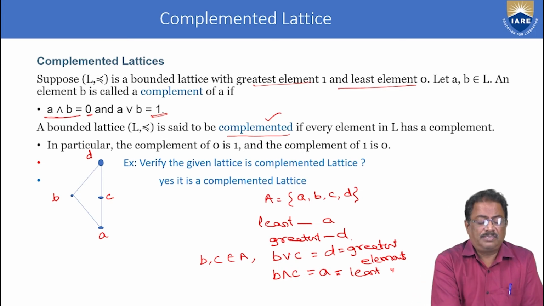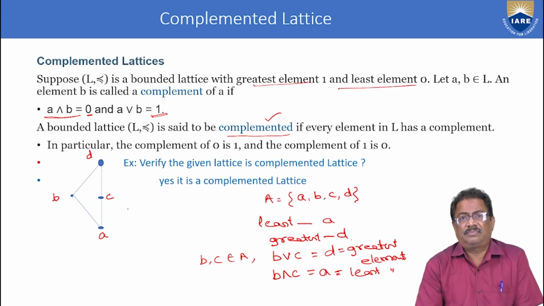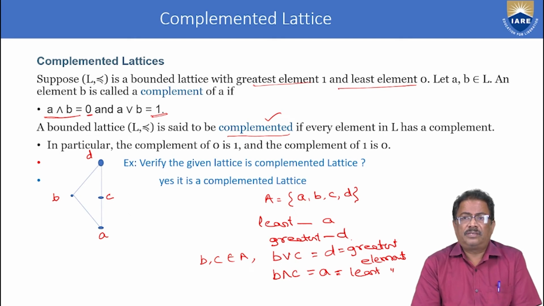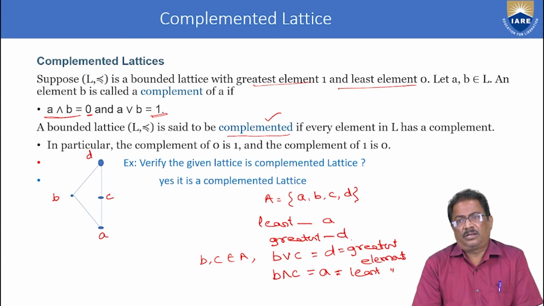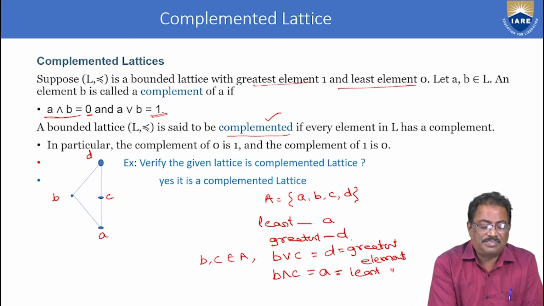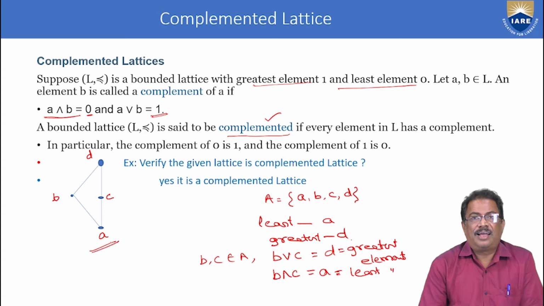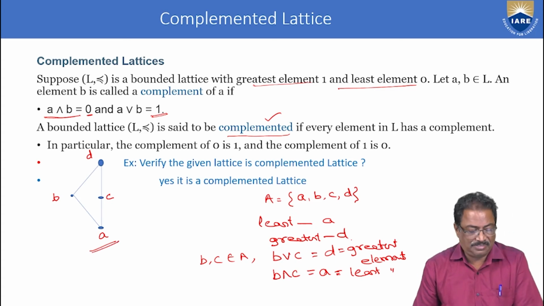So for this lattice, which has the least upper bound equal to the greatest element, and the greatest lower bound equal to the least element, we can say that this lattice is a complemented lattice.